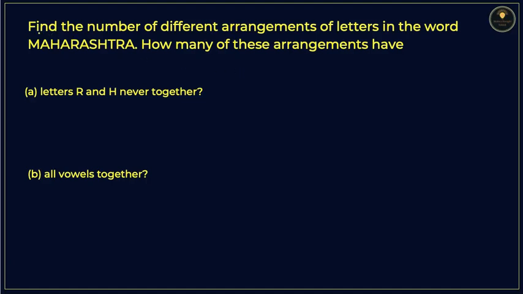So we will count the letters first. There are 1, 2, 3, 4, 5, 6, 7, 8, 9, 10, 11, a total of 11 letters. To find the number of ways, I will write 11 factorial, and divide by 4 factorial for the four A's. Then the next one is H. There are two H's, so we multiply by 2 factorial in the denominator.